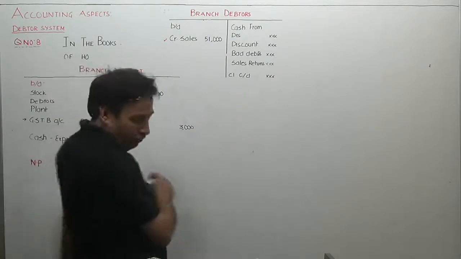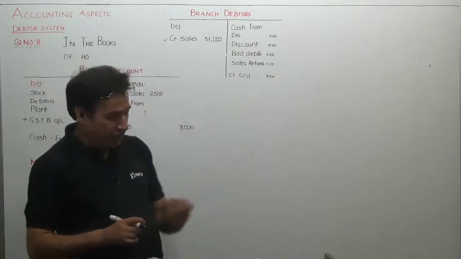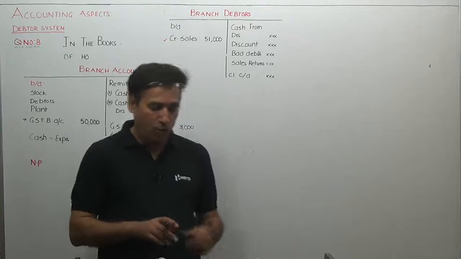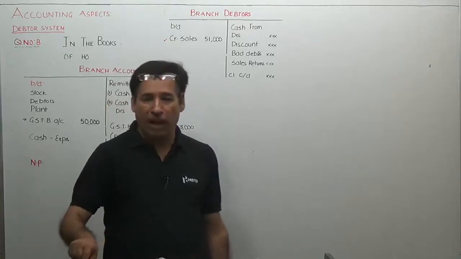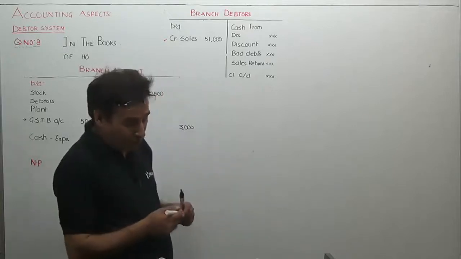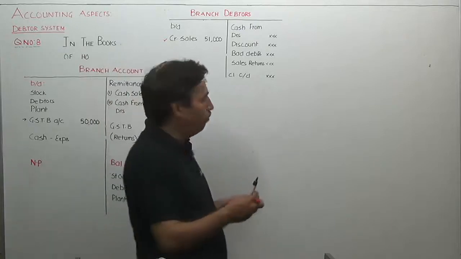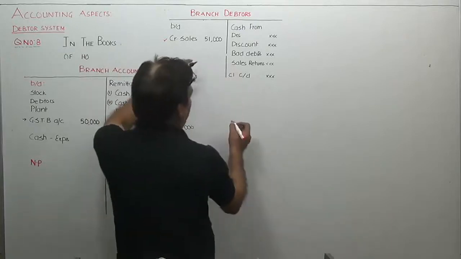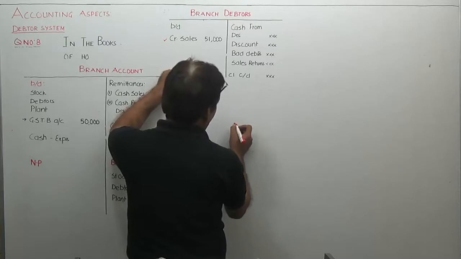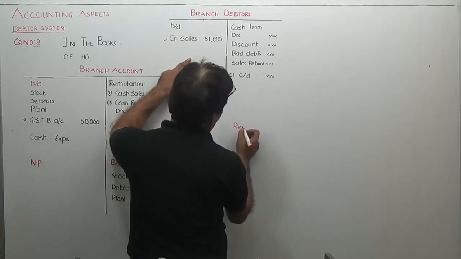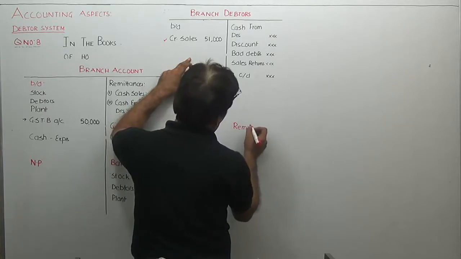Now, cash received from debtors is not given, but it is given that cash remitted to head office by branch is 45,000. The branch has made remittances to head office worth rupees 45,000.